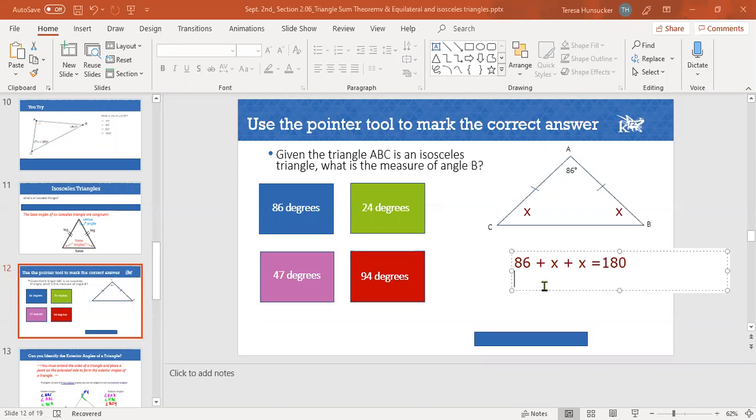And X plus X is 2X. So we have 2X equals 94. X equals 47. Okay, so our base angles are 47 degrees apiece. And I bet you if you plug back in, add all those interior angles up, you're going to get 180 because those are the sum of the interior angles. Okay.